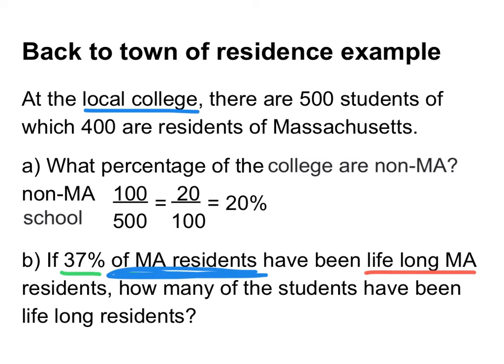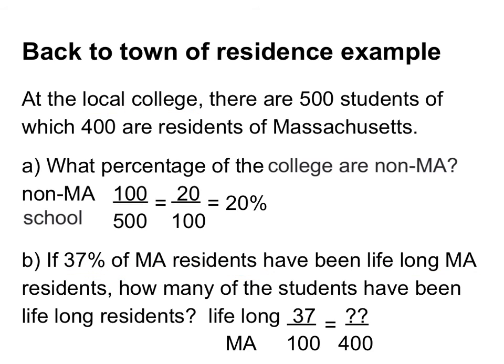That's my whole. That is the one that goes with the 100. Out of that group, we're talking about lifelong Massachusetts residents. So our two labels, you can see where labels might become pretty important on a question like this. We're labeling lifelong Massachusetts and we're labeling current Massachusetts. Okay, so the lifelong is going to go with the 37 of the 37%. The current Massachusetts residents, that's going to go with 100.